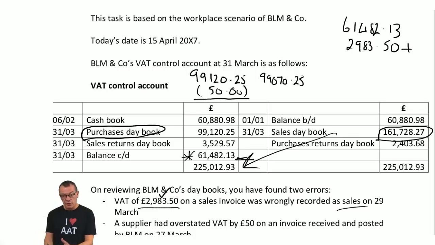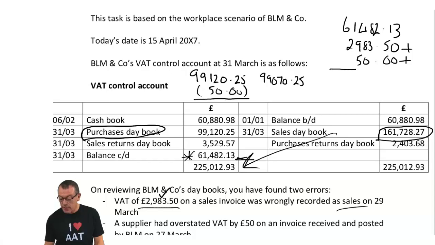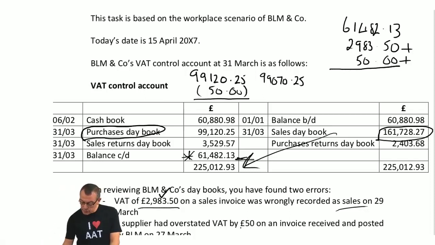Now, if that figure decreases, you're probably already working ahead, then what happens then is that figure, again, the closing balance must increase. So I'm going back up to my working that I started initially, and I'm going to put the £50 into there, and I'm going to add that figure up. And I've then adjusted my VAT closing balance figure to the correct figure as a result of these two errors. So that has now been dealt with.